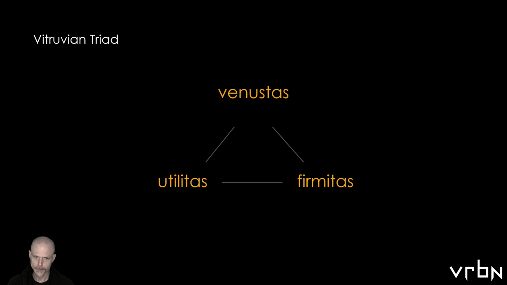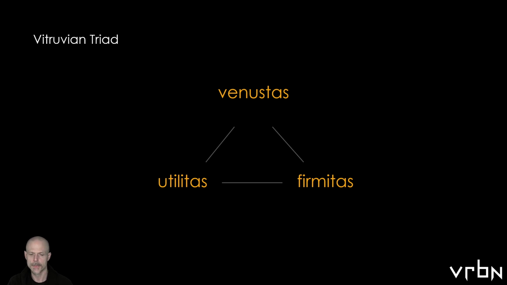Now, he basically explains in Latin, obviously, these three basic principles of architecture called venustas, utilitas, and firmitas. And today this is known as the Vitruvian triad.